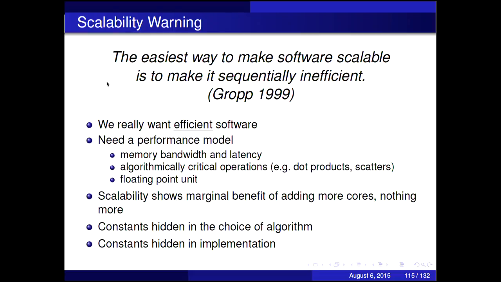And what that model means is a simple formula, little algebraic formulas that tell you what you expect to get based on the memory bandwidth of the machine, the latency of the machine, how fast the floating point unit can issue instructions, and so forth.